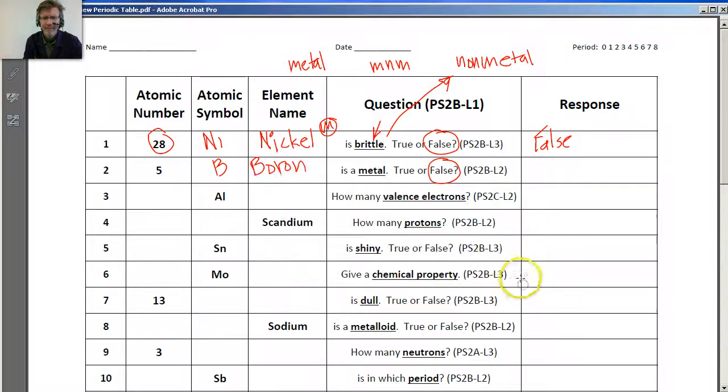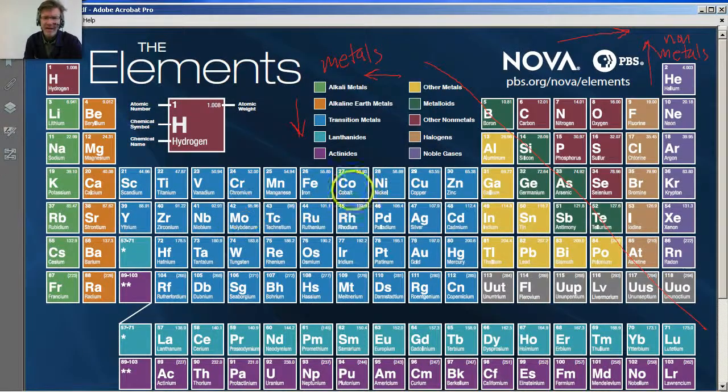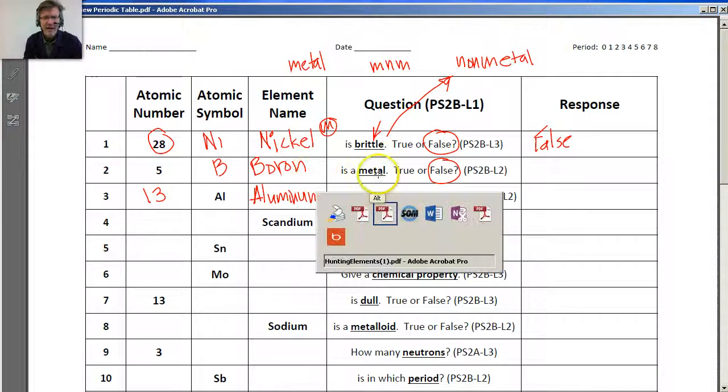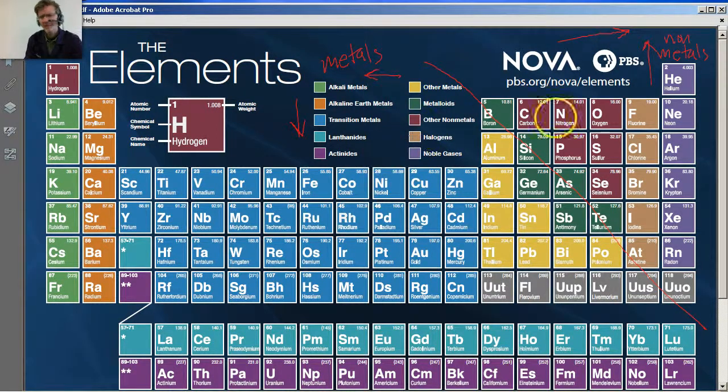All right, move on. Aluminum, Al. Al is number 13. Aluminum. Write that in here. How many valence electrons? Okay. Over here, the noble gases have 8 valence electrons. They're all full up.